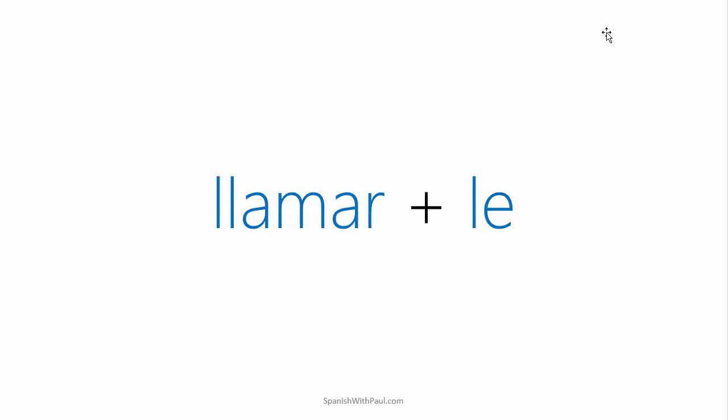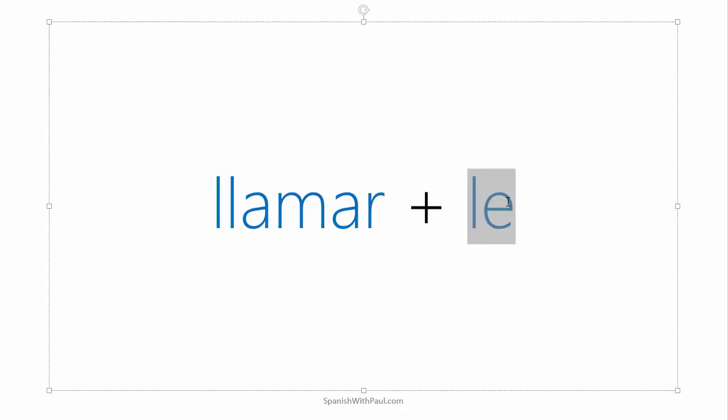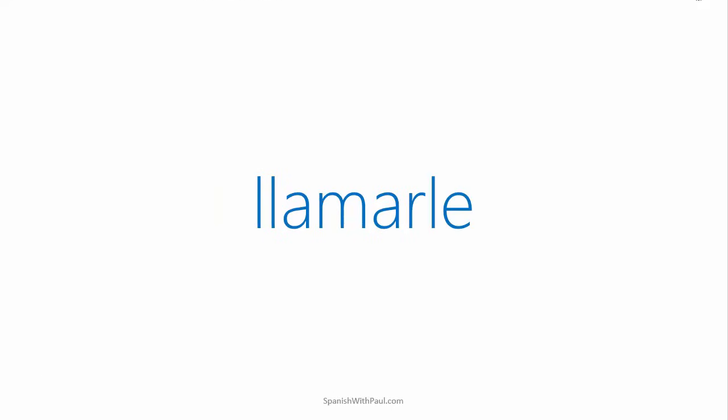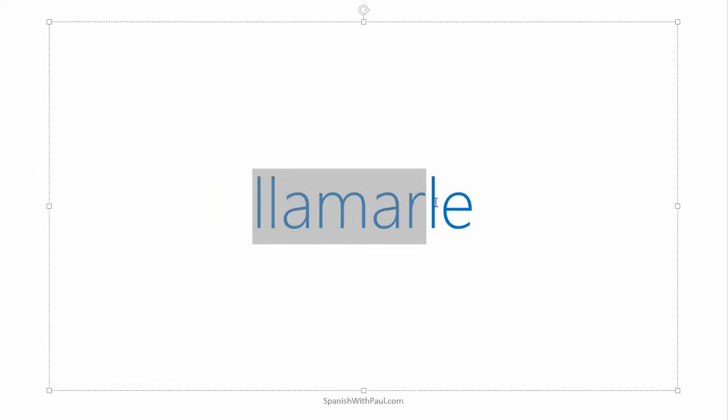What's the verb to call? Llamar. And if we wanted to express to call him or to call her, we take llamar and we add on this pronoun of le. So we get llamarle. This means to call him or her.